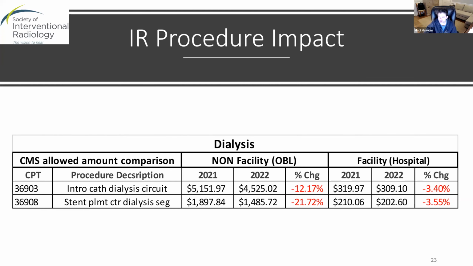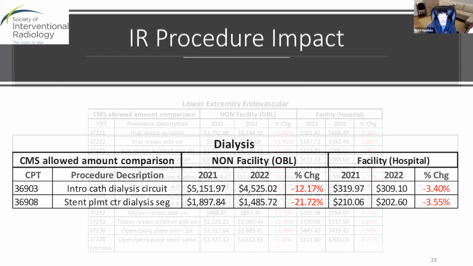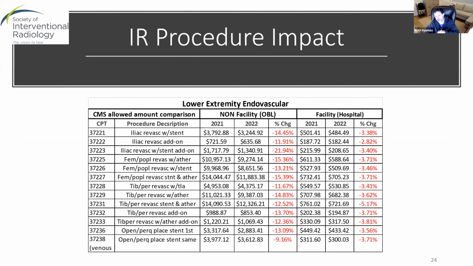A couple dialysis codes, same thing, over 20% reduction for stent placement within a dialysis circuit in the office-based setting. This is the entire lower extremity PAD code set. So this was the biggest hit overall, but interventional radiologists, vascular surgeons, cardiologists, anybody who's doing these types of lower extremity revascularization procedures, you can see across the board, again, practice expense just decimated.